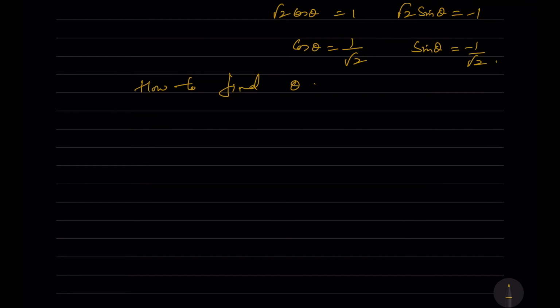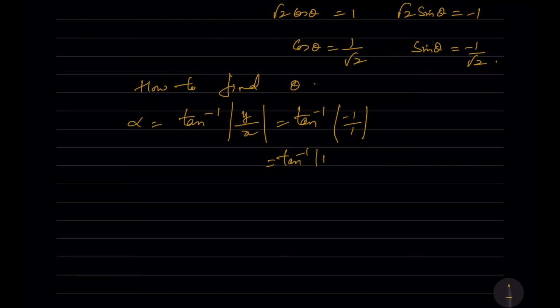We know that alpha is equal to tan inverse of mod of y by x, which is equal to tan inverse of mod of minus 1 by 1, which is tan inverse of 1, which is equal to tan inverse of tan pi by 4. Here tan pi by 4 is 1. So tan inverse and tan will get cancelled, which is equal to pi by 4. So alpha is equal to pi by 4.